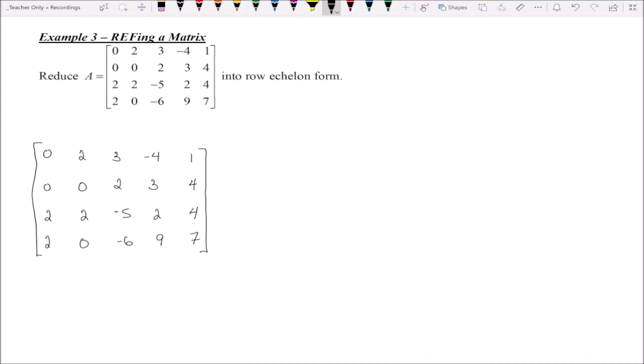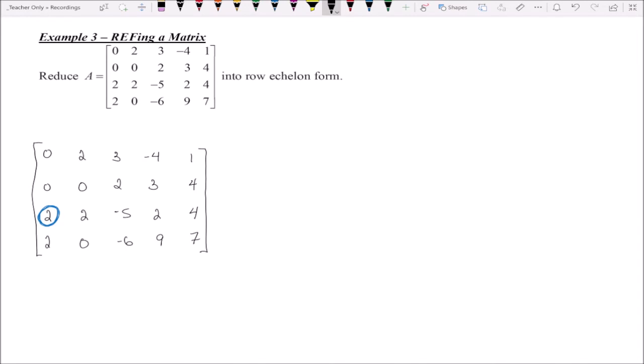Okay, now that we've done that, first thing we want to do is look for the first column that has a non-zero entry. Well, that is column 1. And we want the first row that has a non-zero entry. In other words, what was just circled in blue is our pivot.